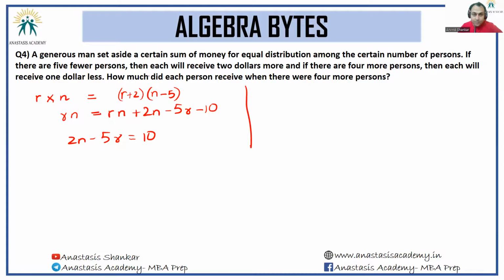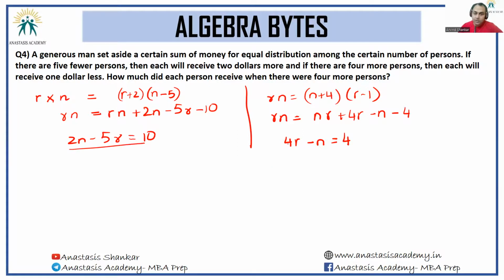In the second setup, if there were 4 more persons, so Rn is equal to n plus 4, then each would receive $1 less, R minus 1. So this opens up to nR plus 4R minus n minus 4, or 4R minus n is equal to 4.